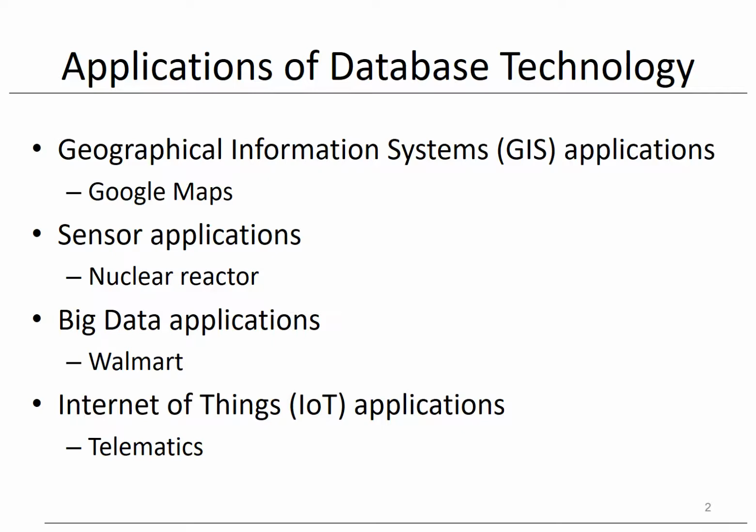Better still, certain analysis techniques allow for making predictions about the future, such as which customers are most likely to respond positively to a promotion. These are just a few examples of database applications, and many others can be thought of.